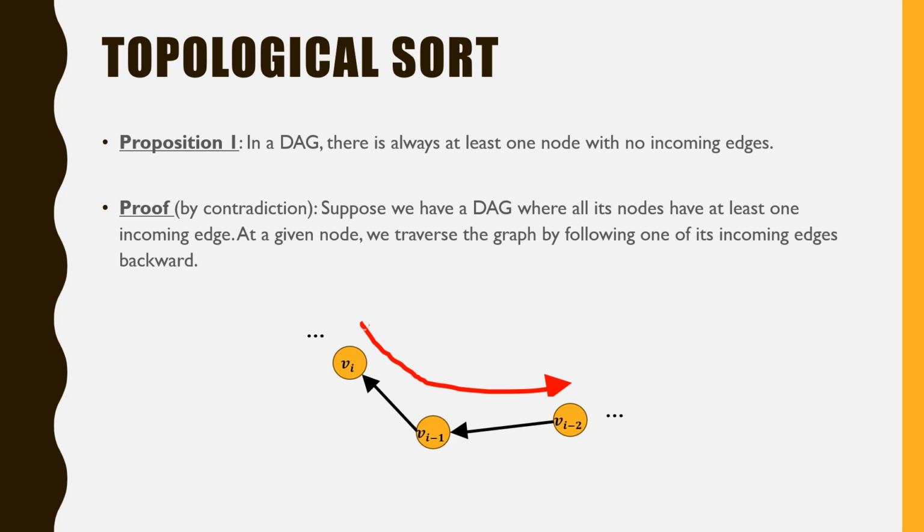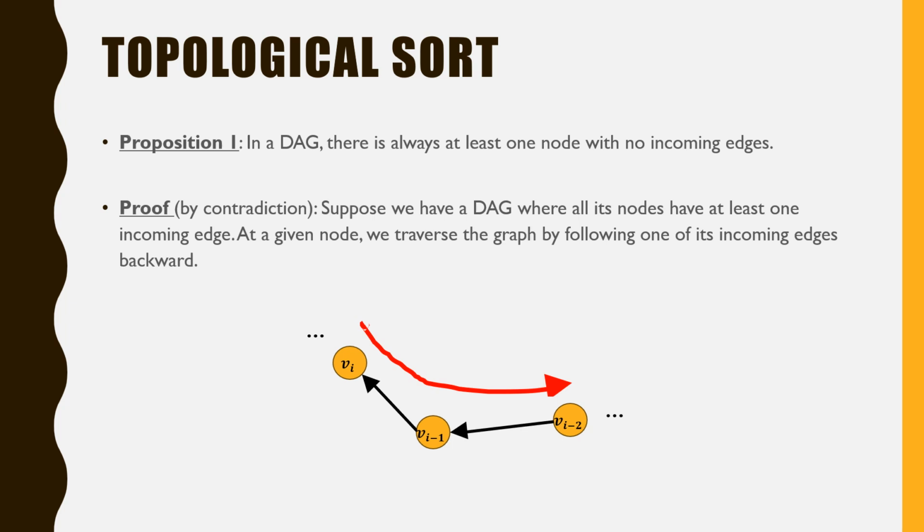We will prove this by contradiction. Suppose, for the sake of contradiction, that every node in a DAG has at least one incoming edge. Now, let's pick any node and begin traversing the graph by following its incoming edges backward. For example, say we start at node Vi.